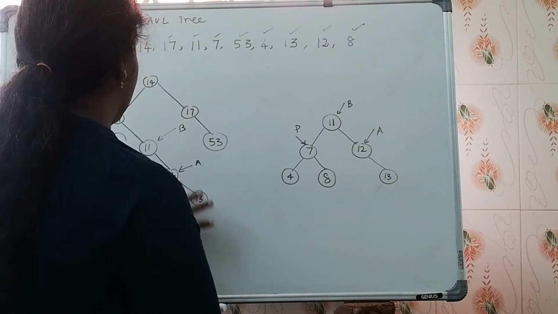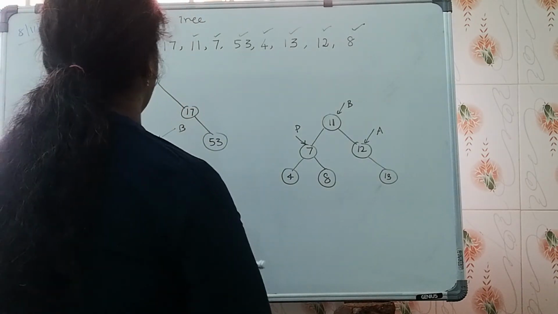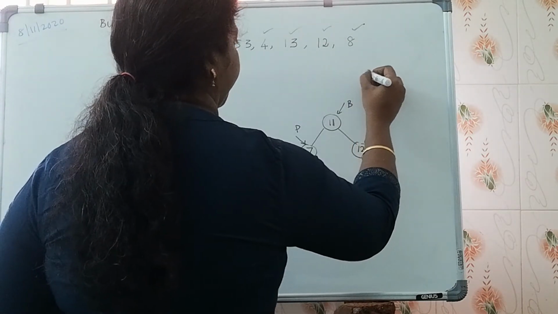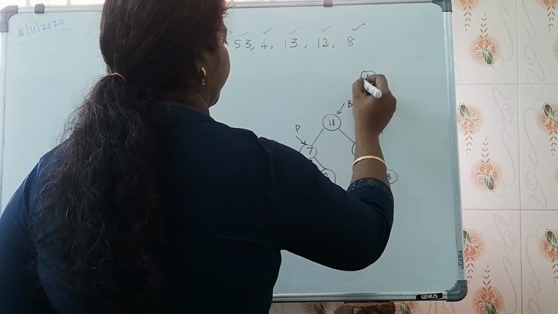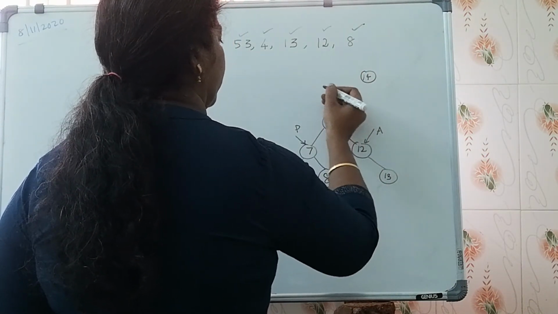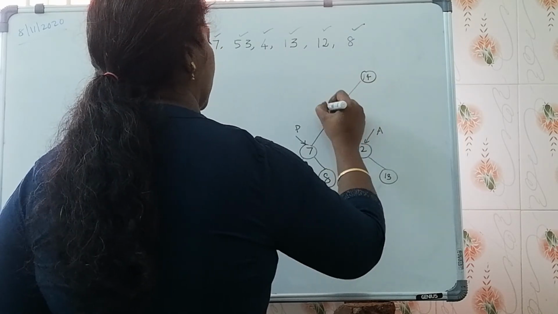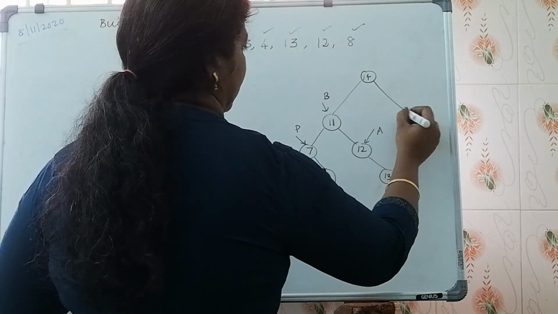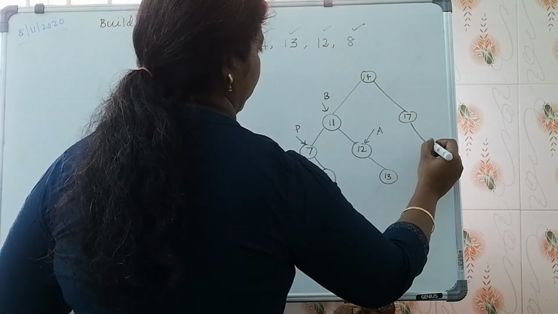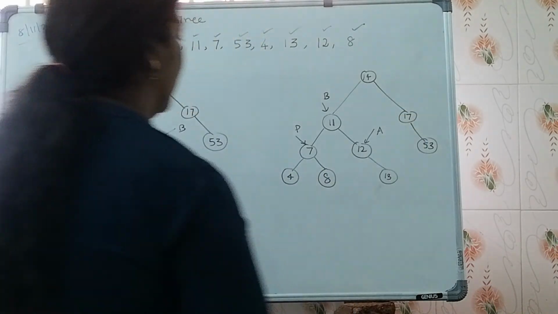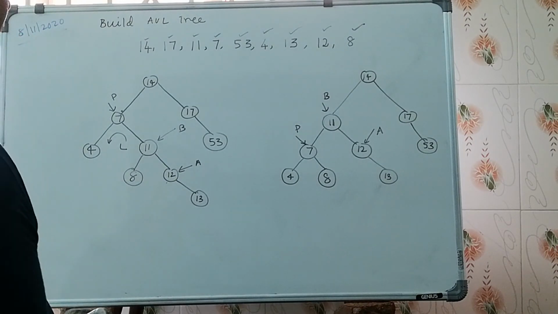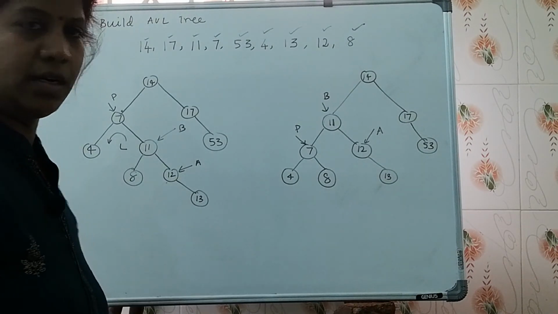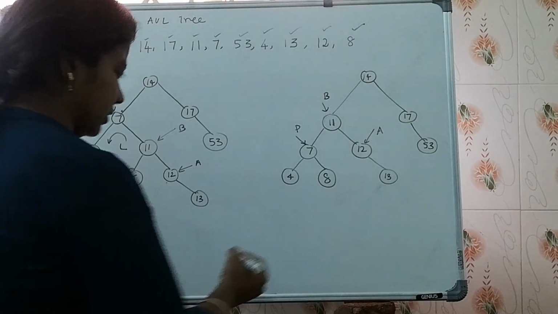After that, once this is done, you have to connect the remaining part of the tree. So which is 14. Now this is my B, and now this is my 17 and in the next node which is 53. Okay, so node 8 was inserted successfully. Now let us calculate the balance factor for this.